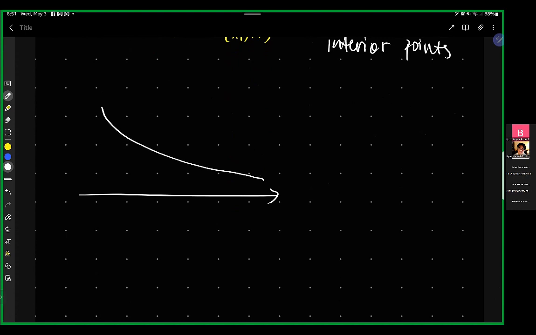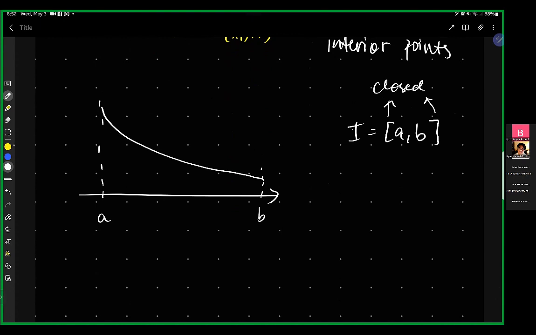Again, it is bounded between A and B. So our interval I is A and B. As you can see, this is a closed interval. So when you have square brackets, it means closed. And when you have parentheses, it is open.